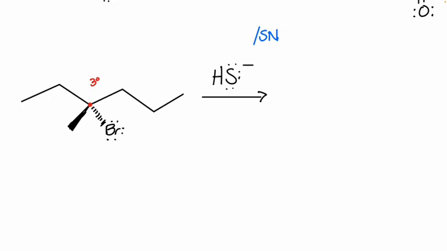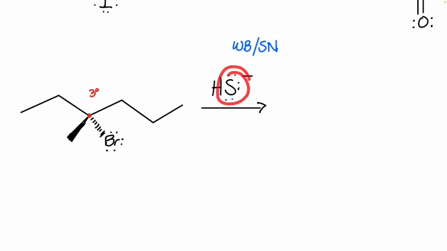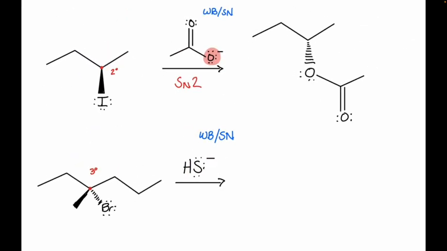Size? Yep. The fact that it's a large atom holding that negative charge. So remember, in our weak base, strong nucleophile categories, what made these strong nucleophiles is those negative charges. What made them weak bases are either resonance stabilization or the large size of the atom holding that negative charge.